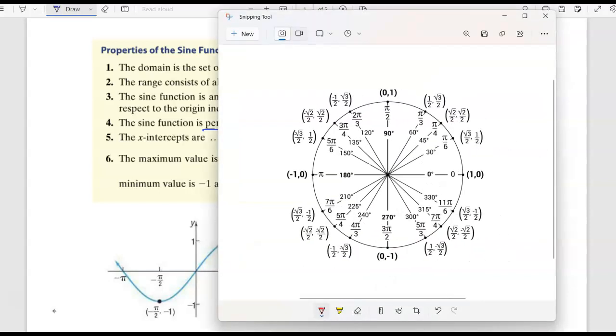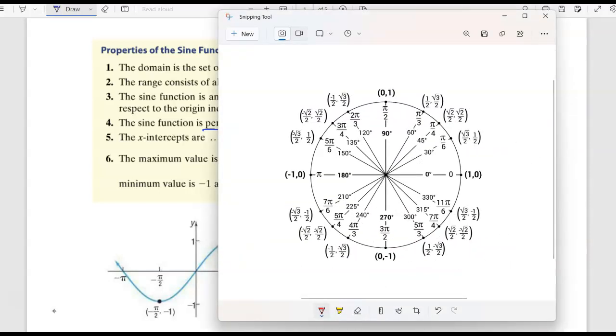And if we think about that unit circle, that y value is 0 here at 0 and at pi. And then we could go around the circle again to get to 2 pi, 3 pi, and so on. If we wanted to go backwards around the circle, we would have 0, negative pi, negative 2 pi, and so on.